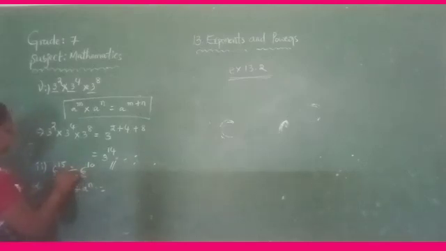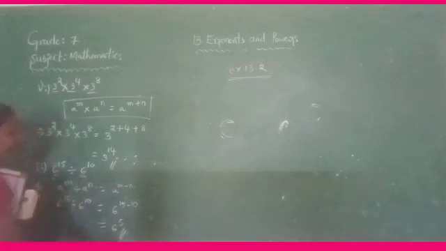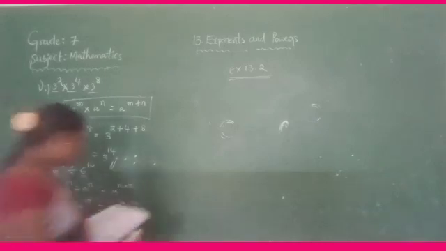In the division, when the bases are the same, we should subtract the exponents. That is a to the power of m minus n. Similarly, 6 to the power of 15 divided by 6 to the power of 10 is equal to 6 to the power of 15 minus 10, which is 5. 6 to the power of 5.